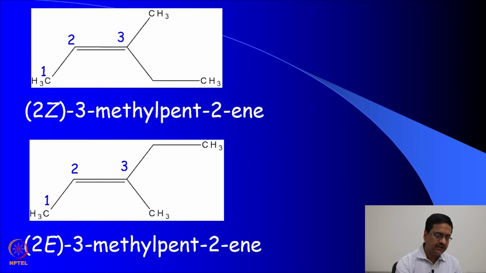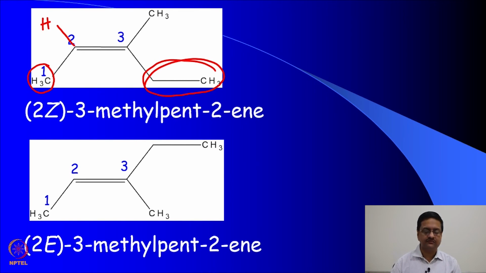In the upper molecule, the hydrogen atom is attached here. The priority on carbon number 2 is for the methyl group, and on the third carbon, the priority is on the ethyl group. So, here the two highest priority groups are on the same side, and it is equivalent to cis.